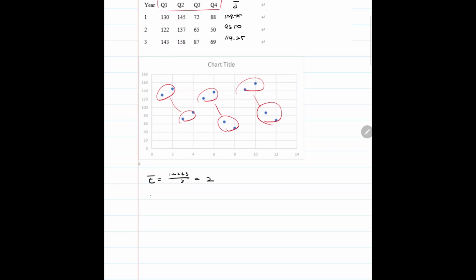So let's say T is 1, 2, 3, and D is gonna be 108.75, 93.50, 45.25. So we need the average of this one, let's say average of average.